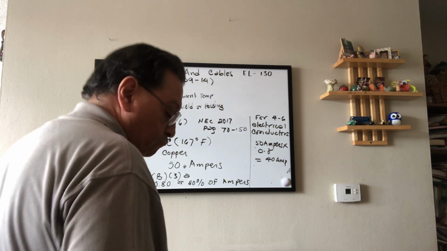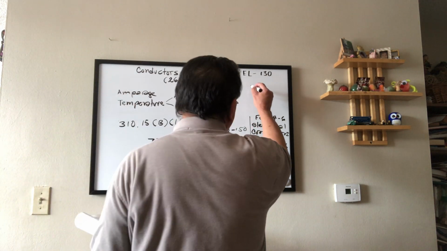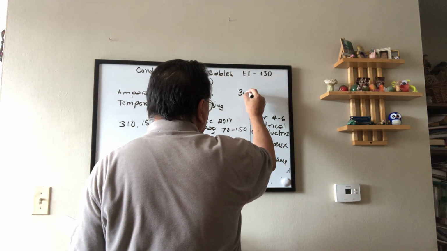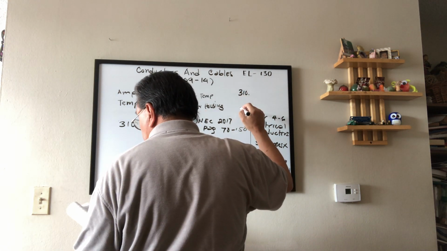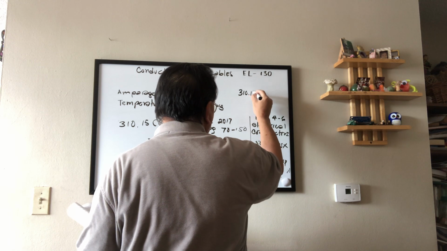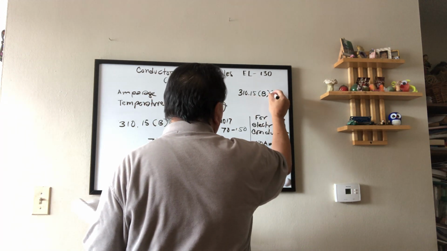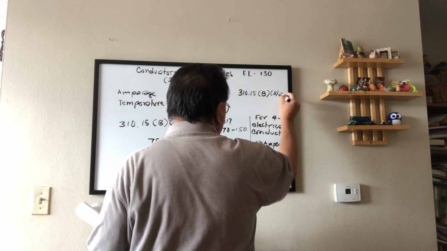So the next table that I need to use is 310.15(B)(2)(a).